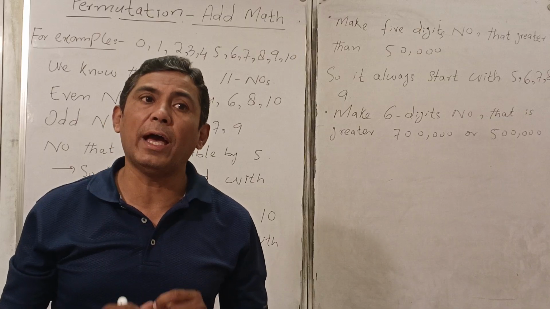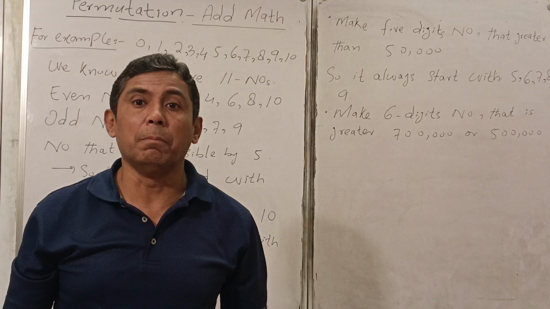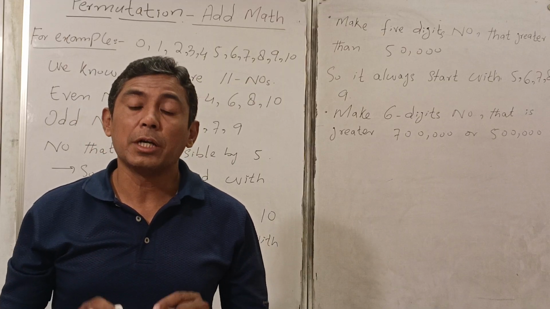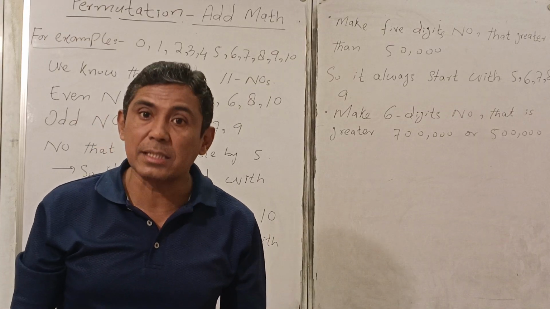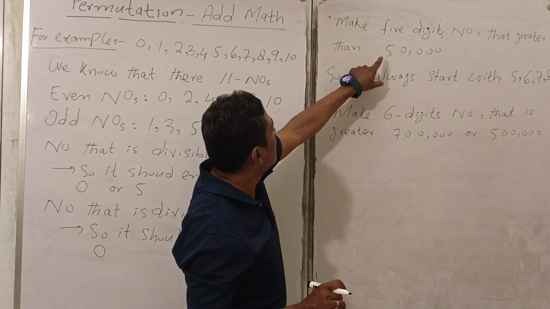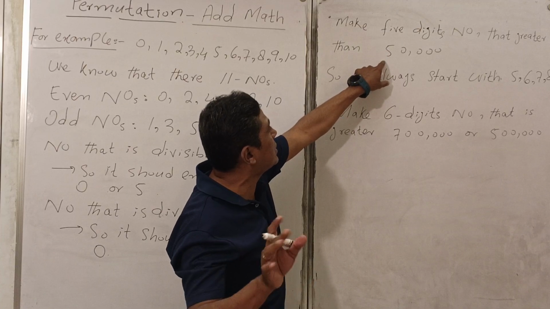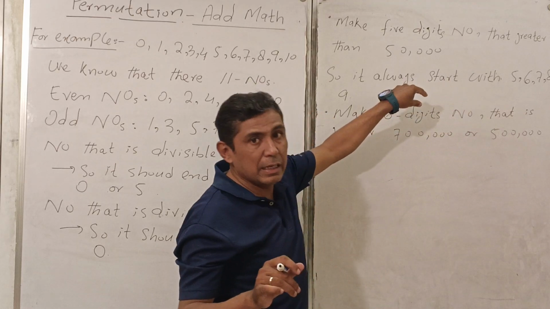So when you have a question to make a 5-digit number, there will be conditions related to being greater than 50,000 or 70,000. If I say that the number is greater than 50,000, what are the possible digits? 5, 6, 7, 8 and 9.